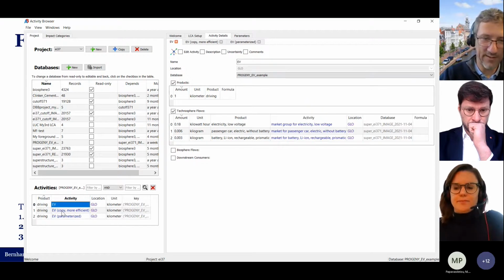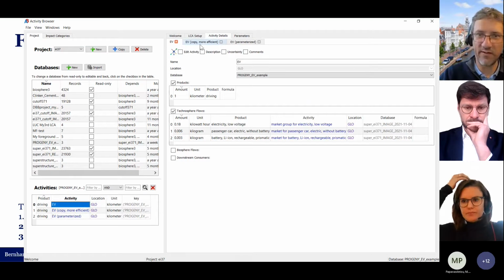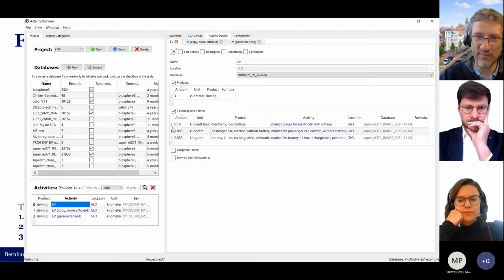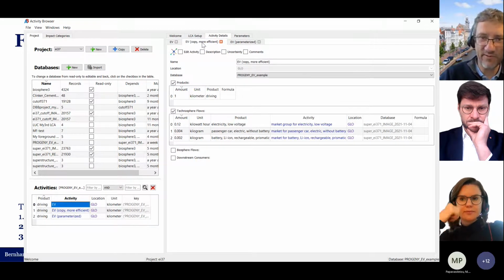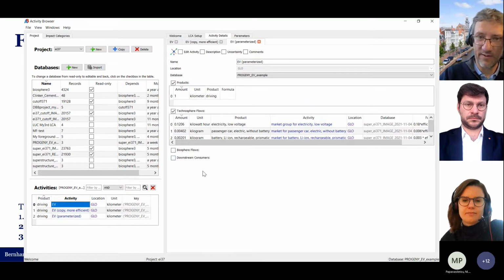Now the approach of simply copying and making these numbers more efficient, if you look at this part here, is represented by this copy of the process. So we have simply reduced these numbers now by 1/3. And the other alternative way of modeling this we discussed was the parameterization.